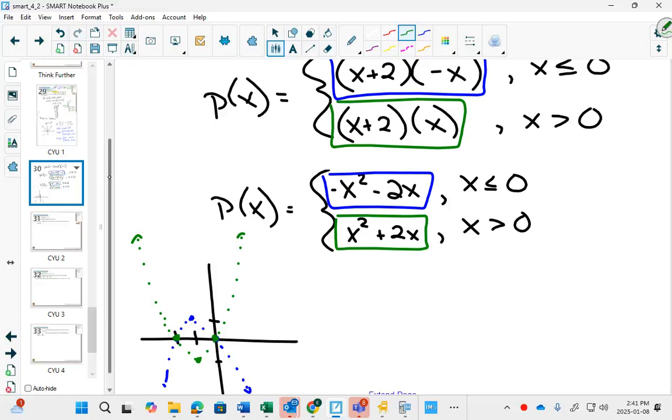So I take out my purple pen, and I say, well, when am I going to take the blue graph? I'm taking the blue graph just when the x values are less than or equal to 0. So I include 0, and it's on the blue graph in this direction. See how that's the blue graph is just when the x values are less than or equal to 0.